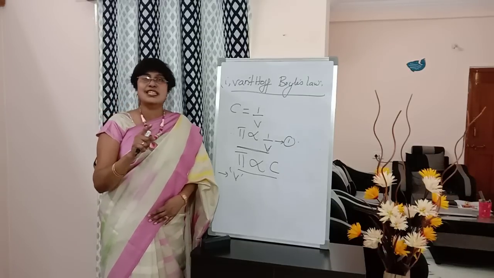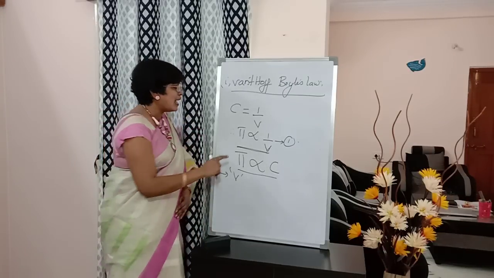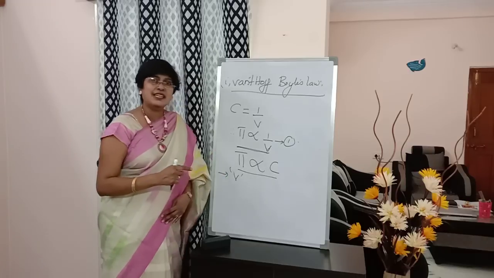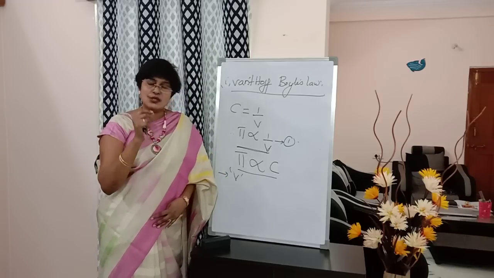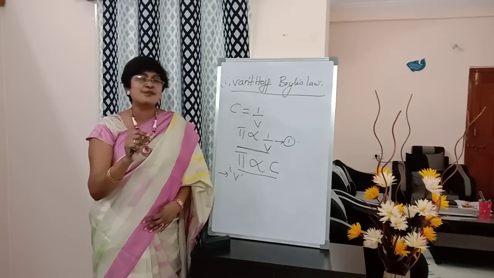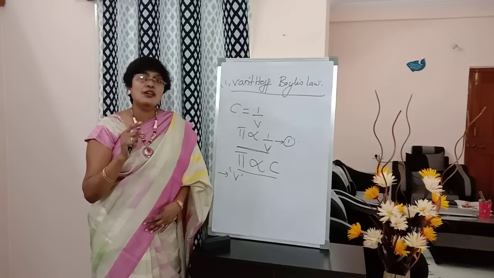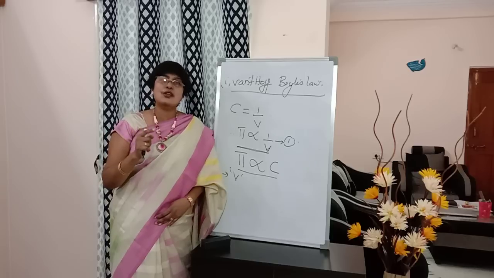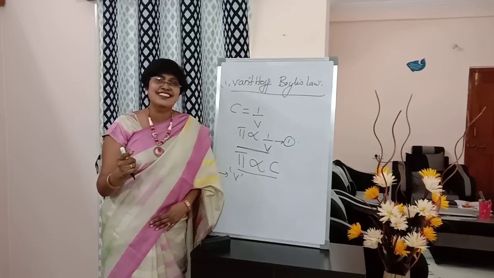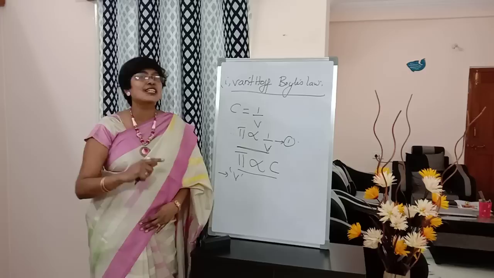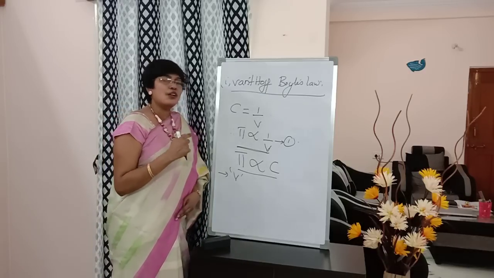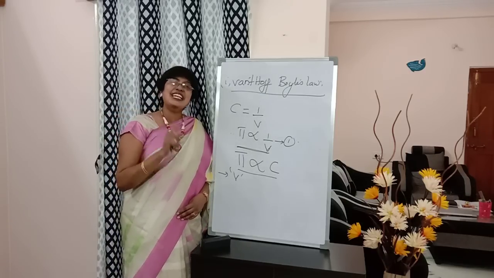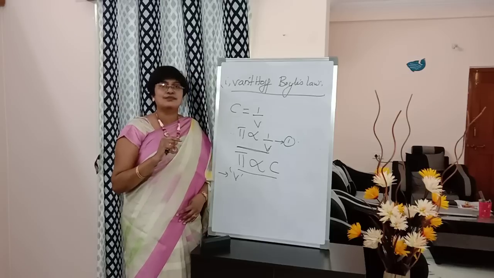You cannot close here. When pi is proportional to 1 by V, there is a condition. So, write down that condition: when 1 mole of solute is dissolved in V liters of solution.